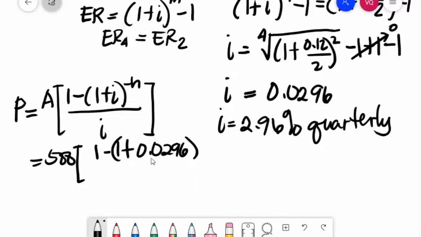So, this is already in quarterly. No need to divide it by 4. Raised to negative 4 times how many years?